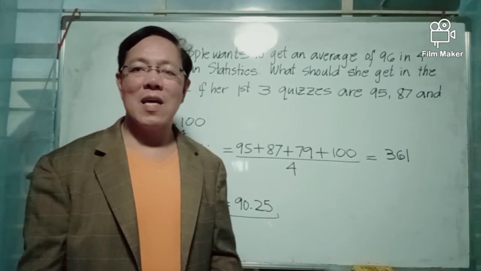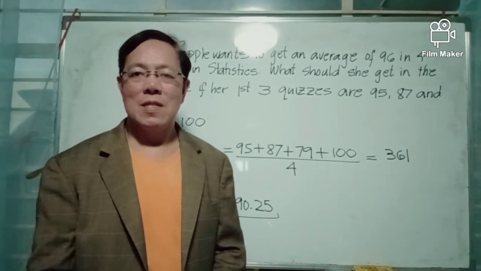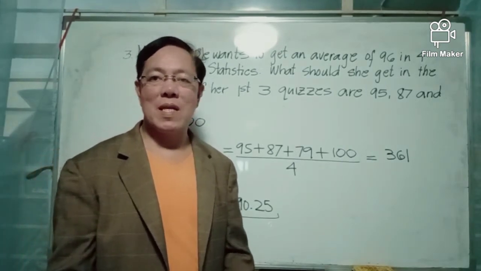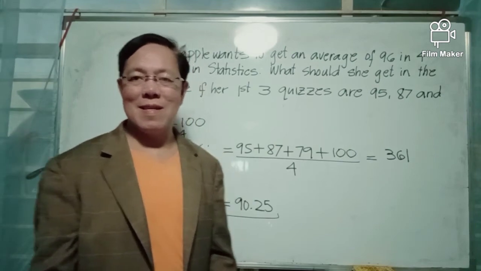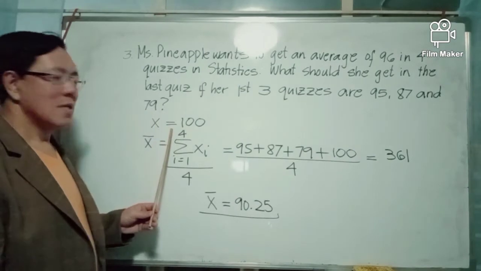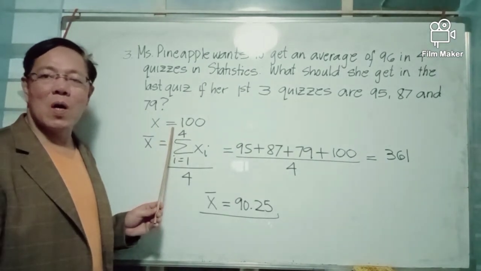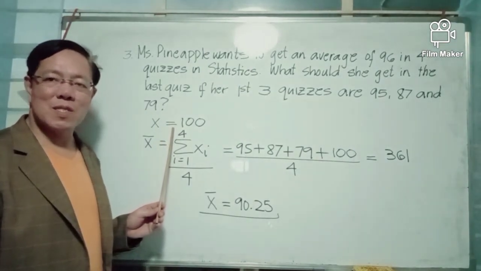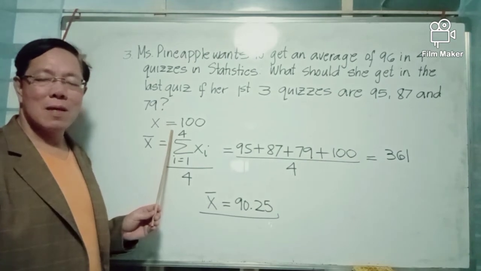To get the highest possible average, we assume that she gets a perfect score of 100 in the last quiz, or in the 4th quiz.